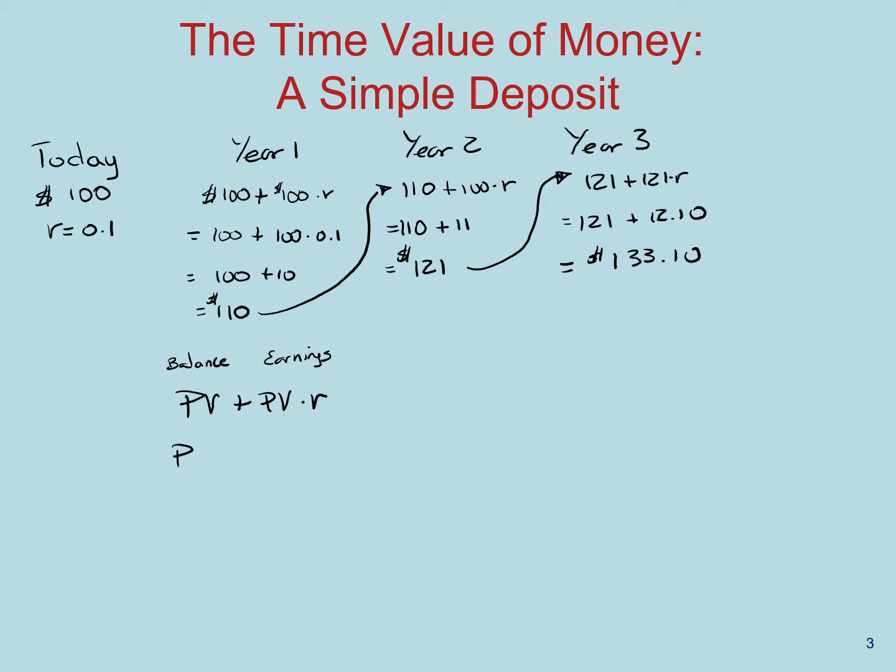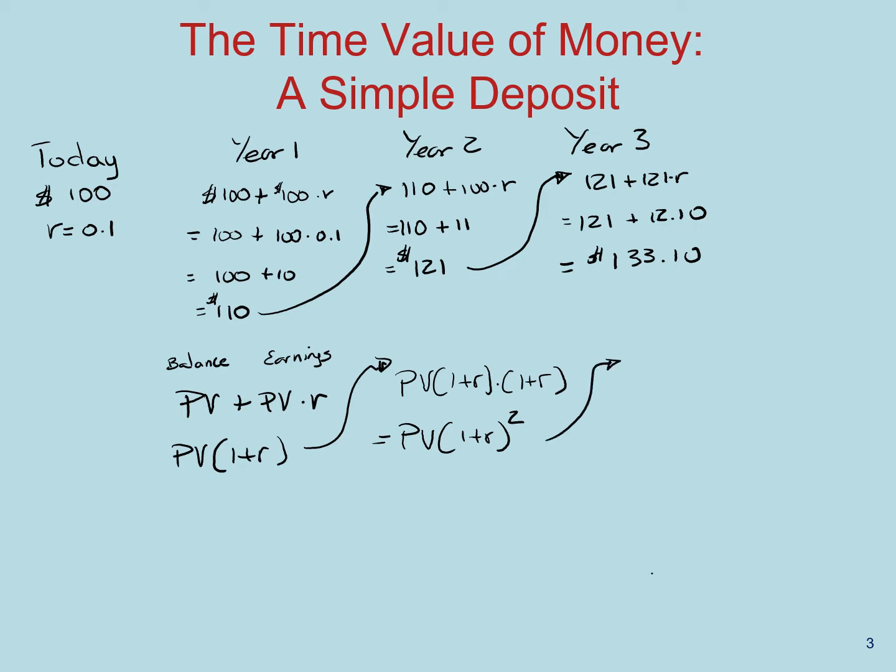We can abbreviate those two by multiplying the present value times 1 plus r. Now, the year after that, we're going to take what we had the previous year, multiplied by this growth factor again, and we can summarize that expression as the present value of the original deposit times (1 plus r) squared.